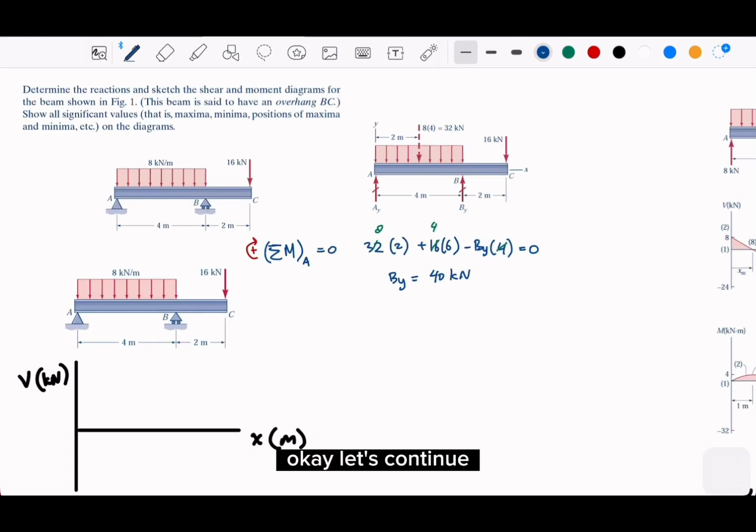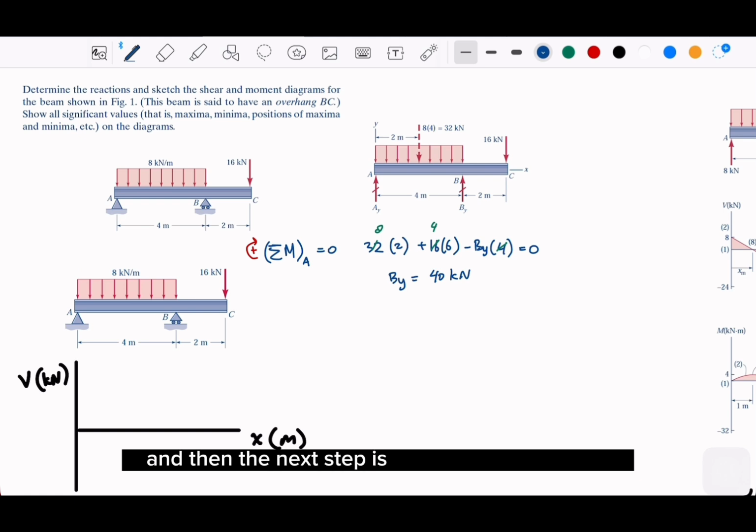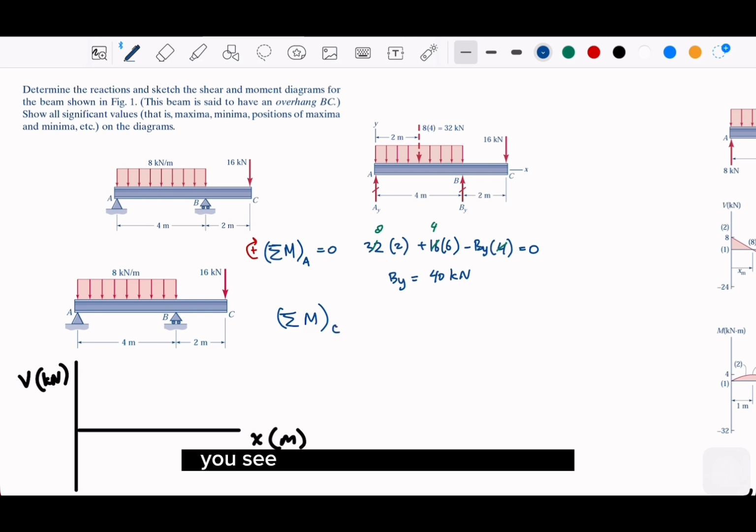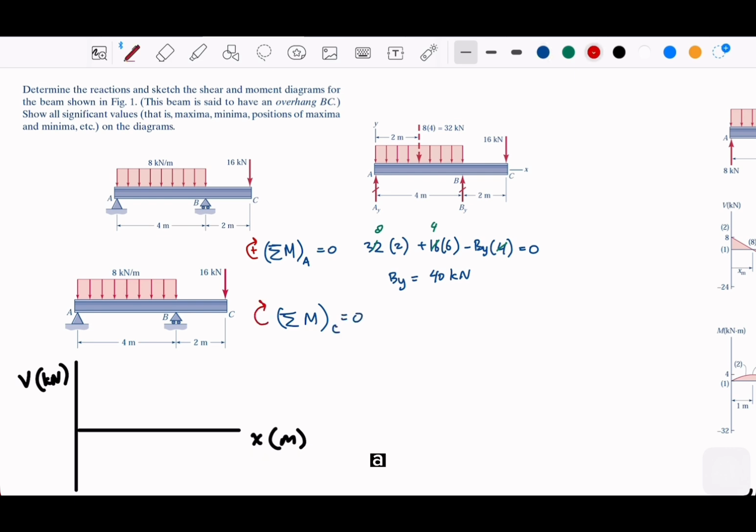Okay, let's continue. So first, we get this BY. And then the next step is taking the moment the other way around, about B, equal to 0, to find the AY.